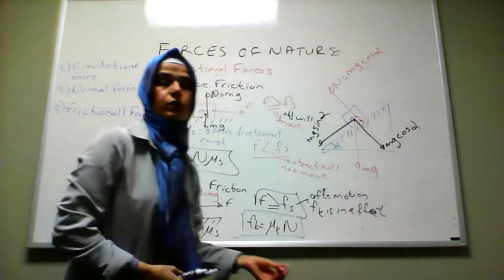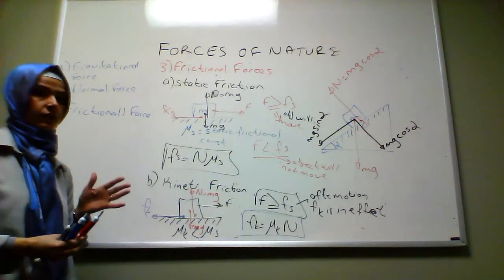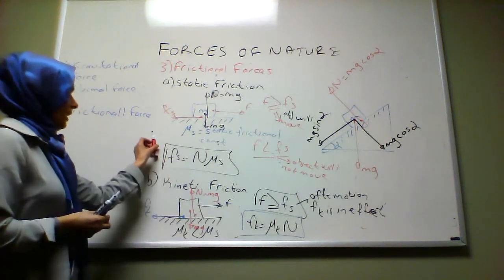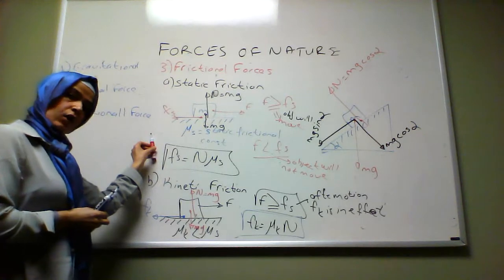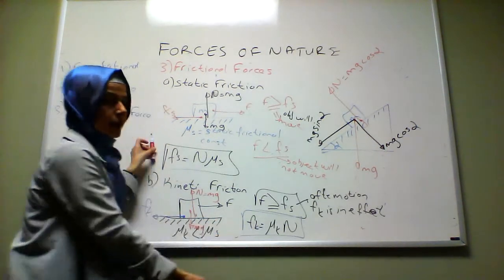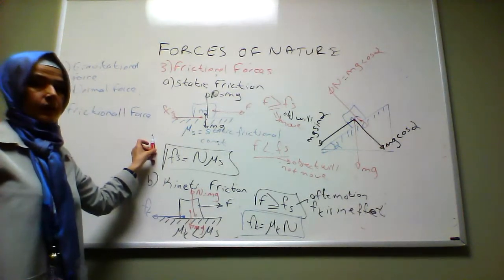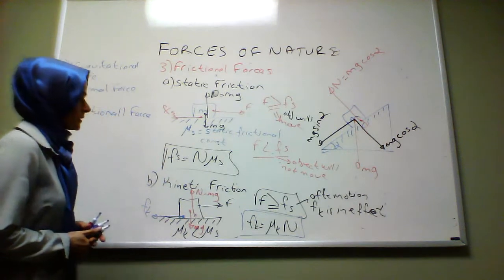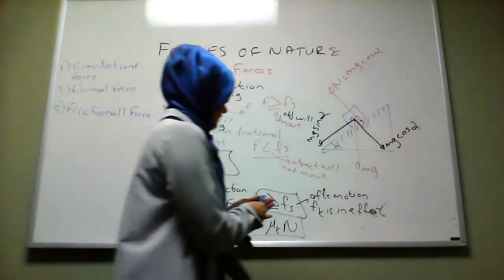There's no normal force actually. It's almost zero, a very little one. We can say it's zero. Unless I push it down in here, give it a normal force, and this normal force will help gain a frictional force to keep it there against gravity. So this is frictional force.